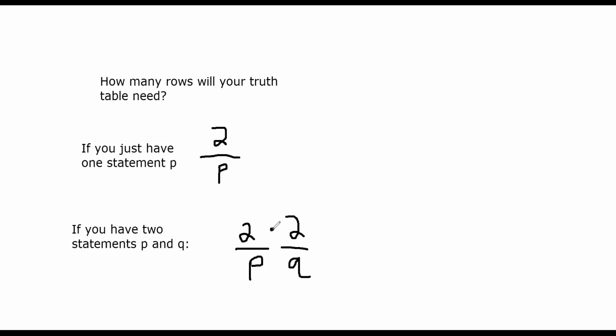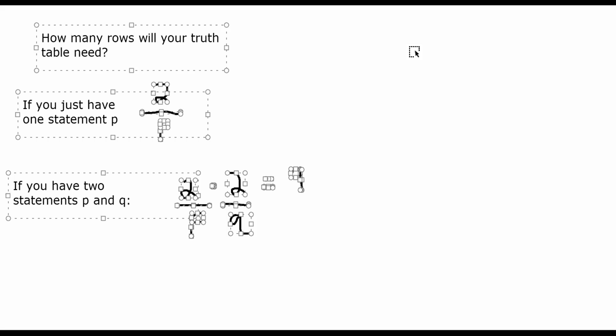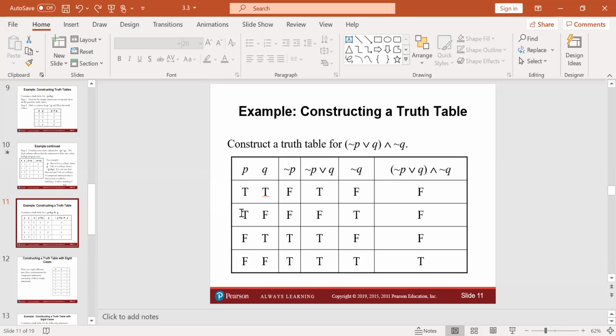You would actually multiply these, and 2 times 2 would be 4. So if you had two initial statements, P and Q, you're going to need 4 total rows in your truth table, which is exactly what we have whenever we have two statements. You have P and Q, you have 1, 2, 3, 4 rows to your truth table.